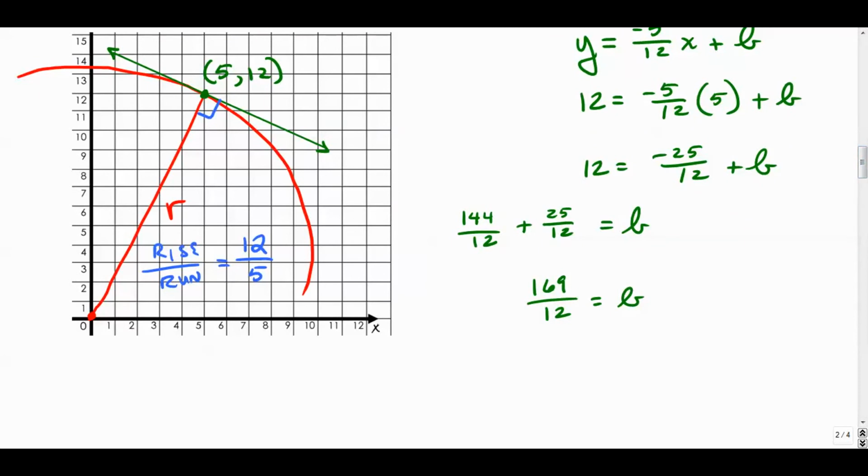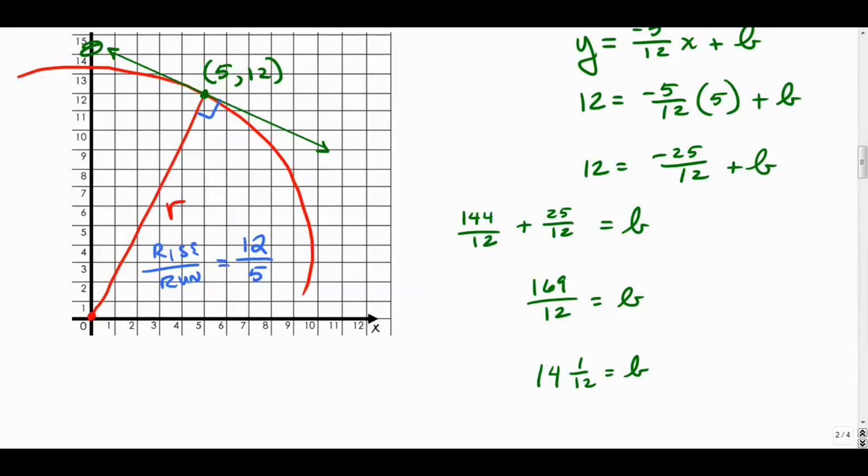Now we want to make sure that we simplify that. If you wanted to convert it to a mixed number or a decimal, that might be a good idea. And you'll find out that it's irreducible, it doesn't share any common factors in the numerator and denominator. So if you wanted to turn that into a mixed number, it'd be 14 and 1/12, which confirms for us what we sort of suspected.